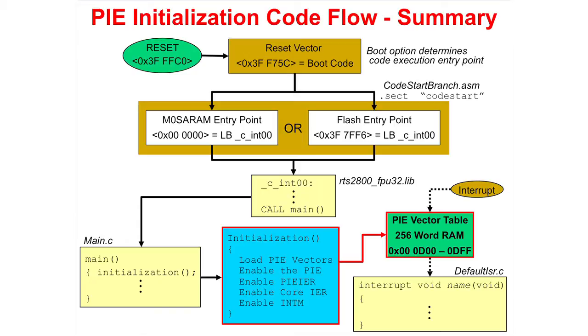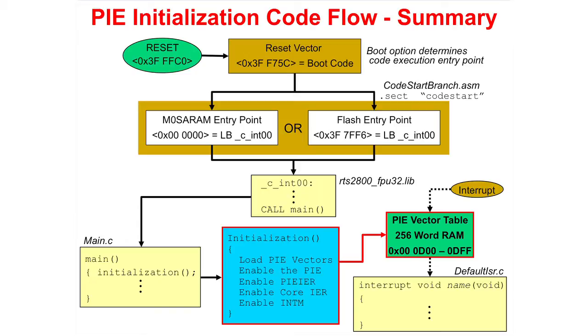After the device is reset and executes the boot code, the selected boot option determines the code entry point. This figure shows 2 different entry points. The one on the left is for memory block M0, and the one on the right is for flash. In either case, CodeStartBranch.asm has a long branch to the entry point of the runtime support library.